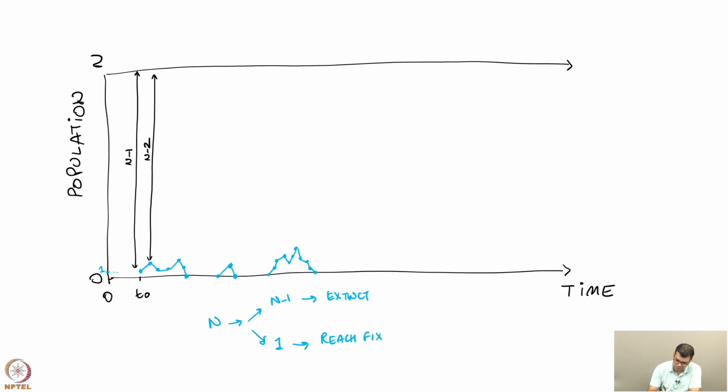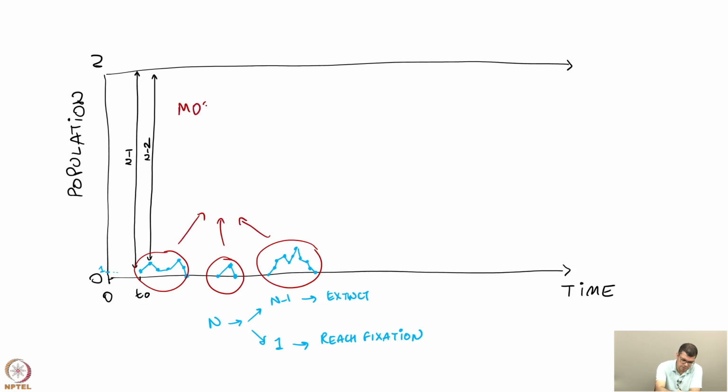So, most mutations will go extinct with a dynamics such as the one shown here, maybe sticking around a little bit, going extinct immediately, maybe reaching some densities and so on. This is going to be the most frequent fate of neutral mutations.